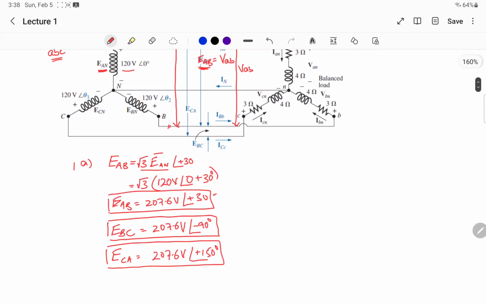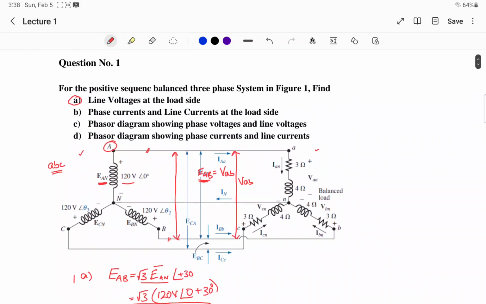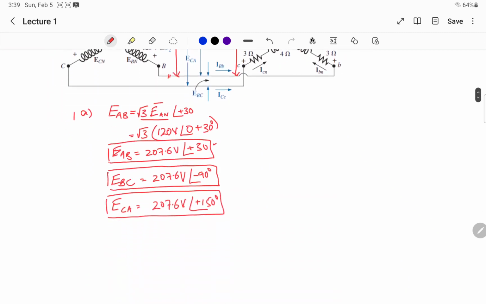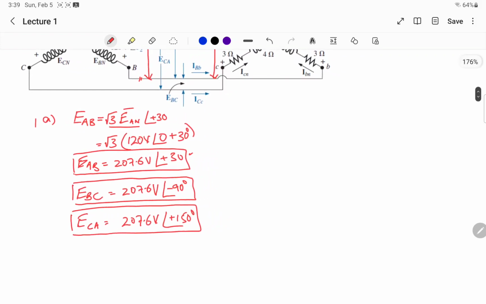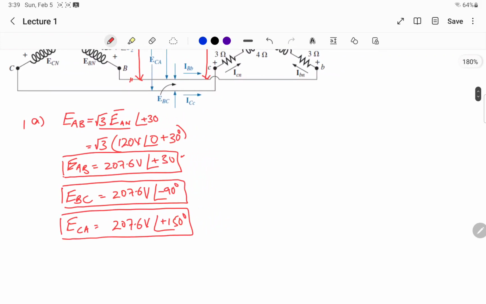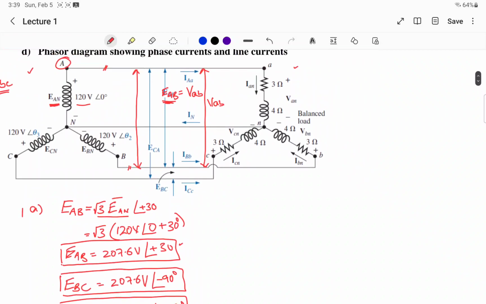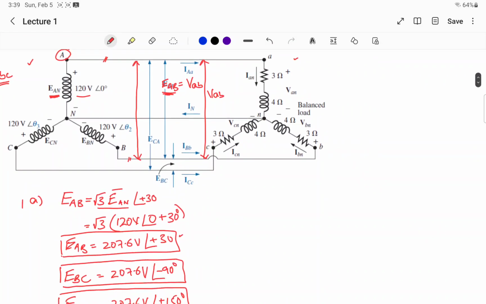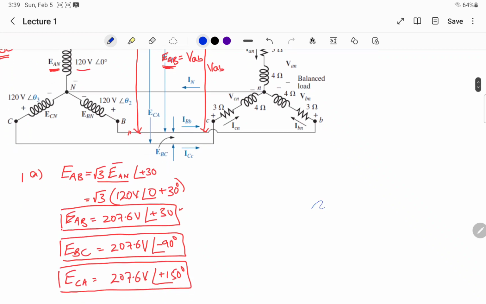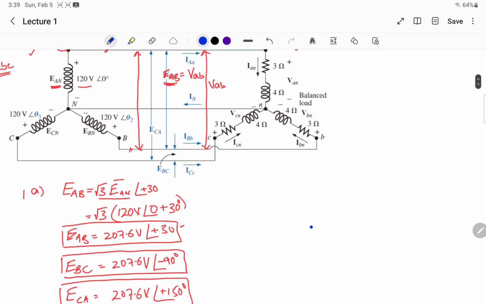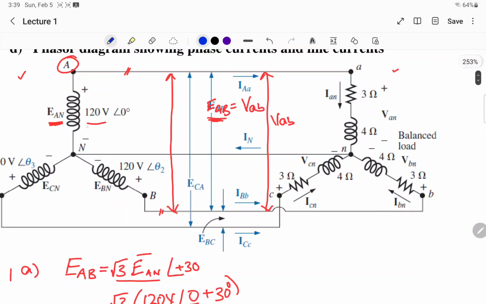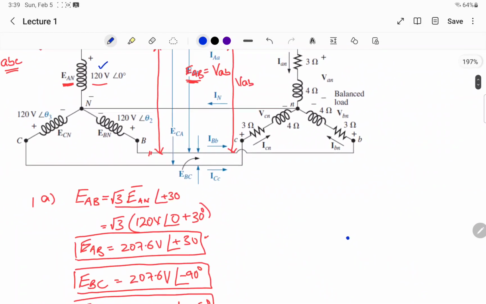Then in part C, as you have just calculated them, it says phasor diagram showing phase voltages and line voltages. So let's look at this, and it should be very clear to you now. So let's first draw the phase voltages. So here we have EAN. Look, EAN is this one, 120 volts with angle 0.